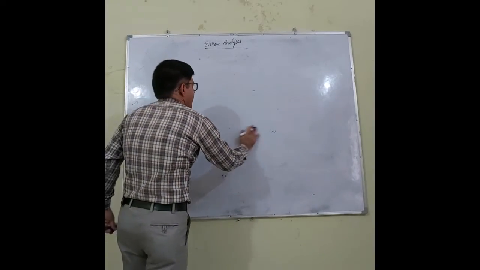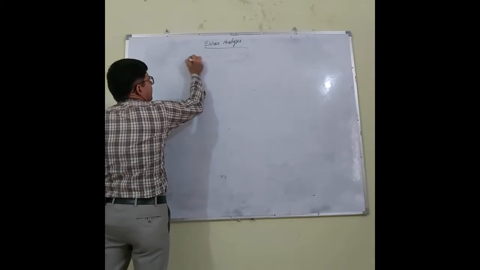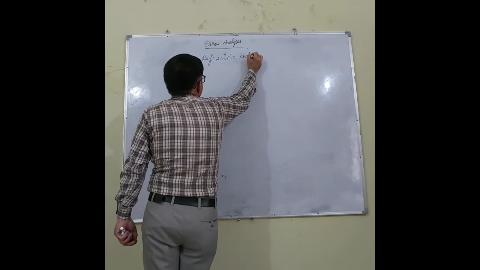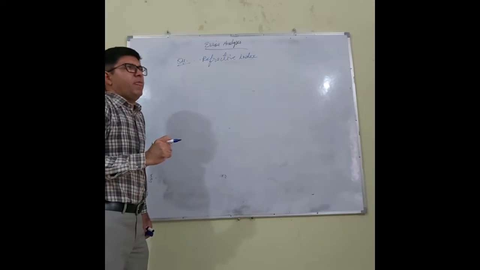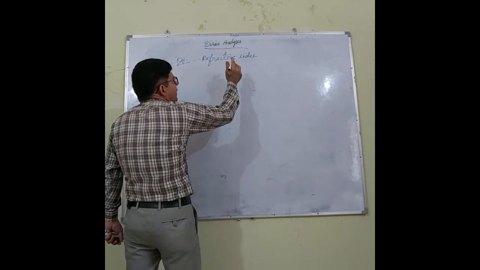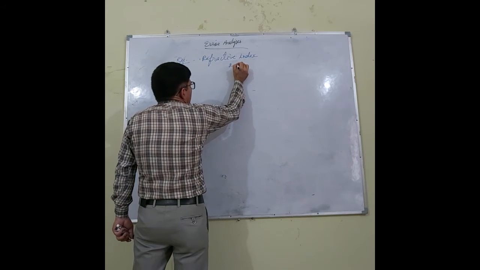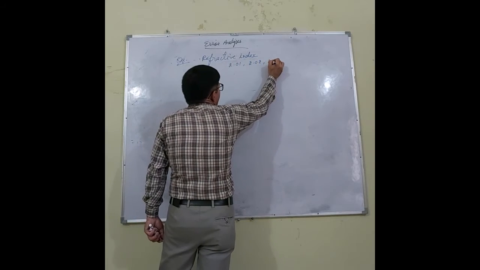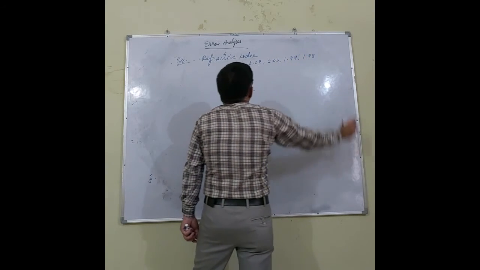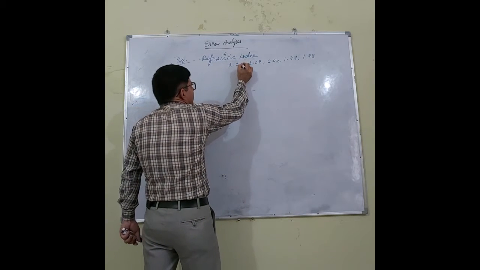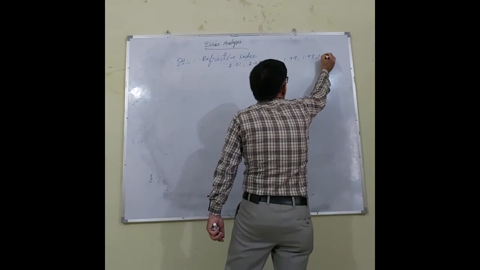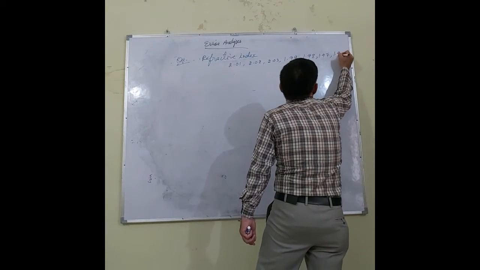Question is, the refractive index measured by students in an experiment, and the values of refractive indices are 2.01, 2.02, 2.03, 1.99, 1.98, 1.97, 1.96.